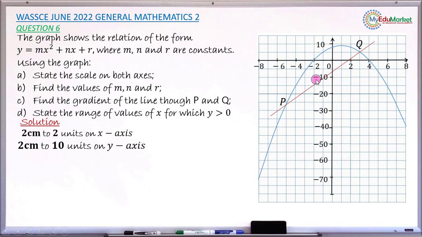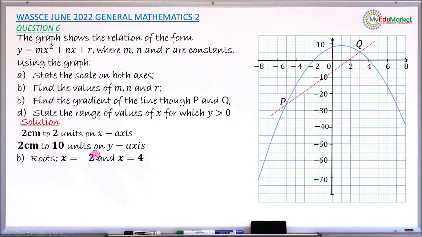When you build the quadratic equation, you can compare it with what is given, y equals mx squared plus nx plus r. That will enable you to find what m, n, and r are. So the roots of this quadratic equation are minus 2 and 4.